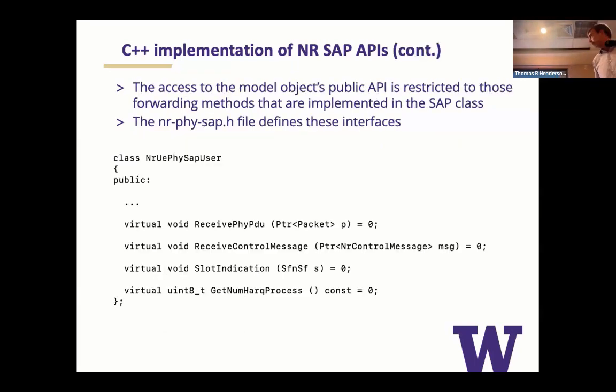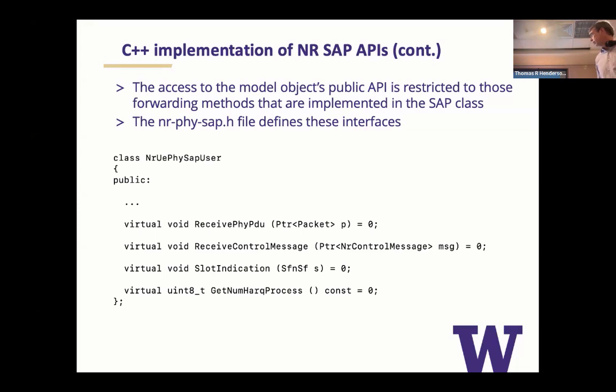So if we look at the implementation of these particular API classes, you'll see that, for instance, the UE physical layer SAP user class has a number of methods that are exposed. And this is really all that the physical layer is able to do with respect to the MAC layer.